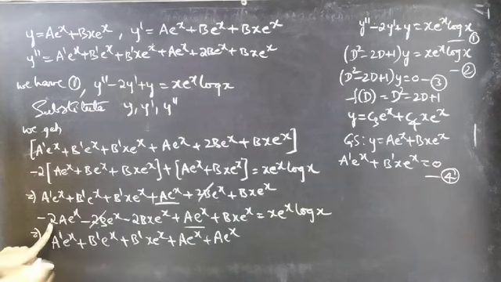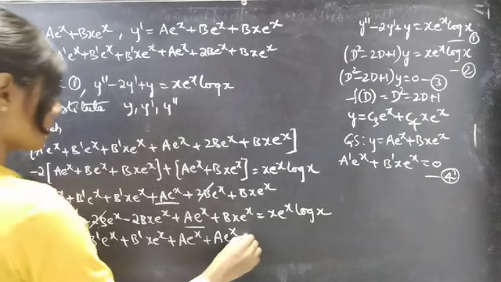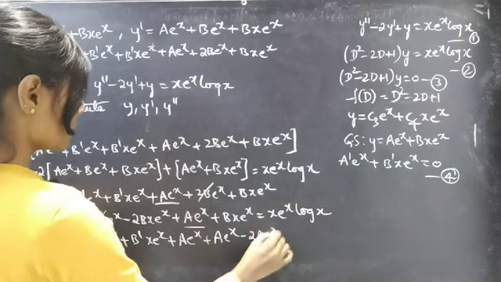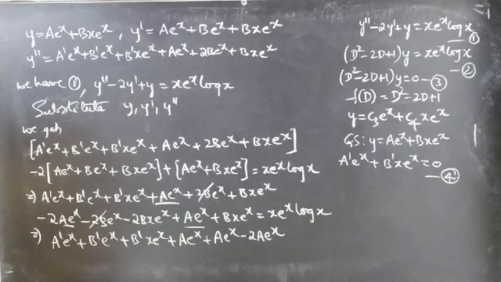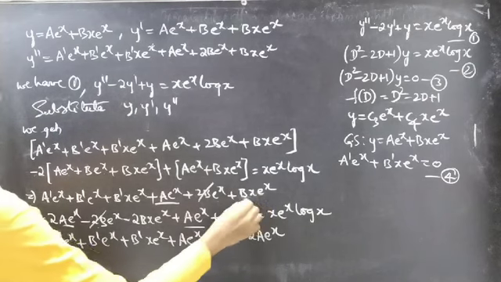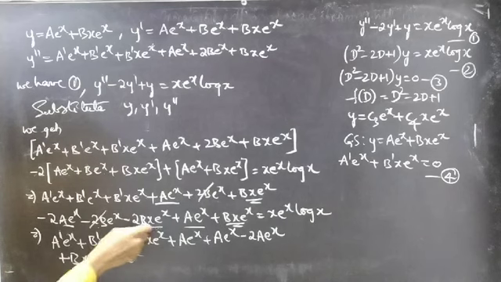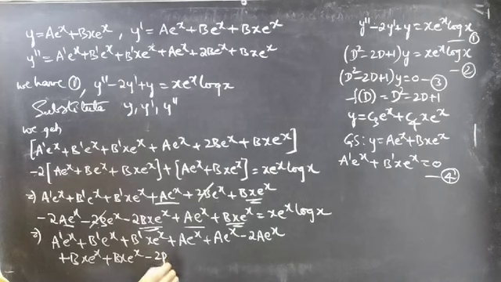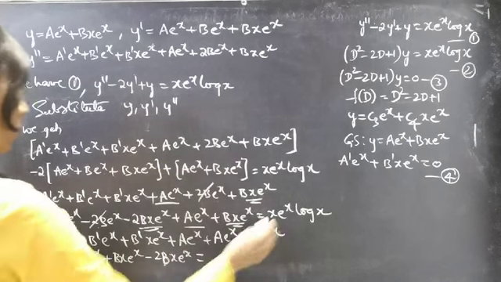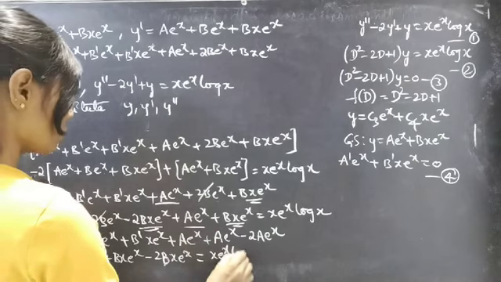Okay, minus a e power x, minus 2a e power x, bx e power x, bx e power x, and we have minus 2bx e power x, right? Minus 2bx e power x equals x e power x log x.